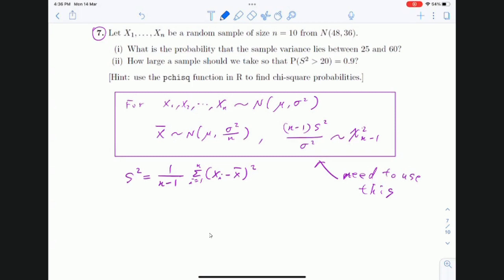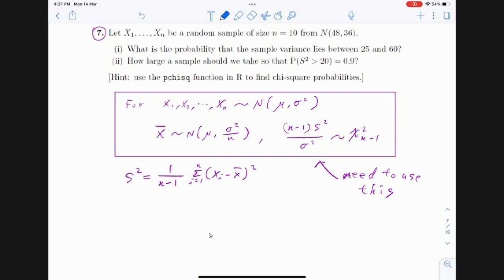And another property is related to the sample variance. N minus 1 multiplied with the sample variance, which is the numerator of this term here, divided by the population variance sigma squared, will follow a chi-square distribution with degree of freedom n minus 1.